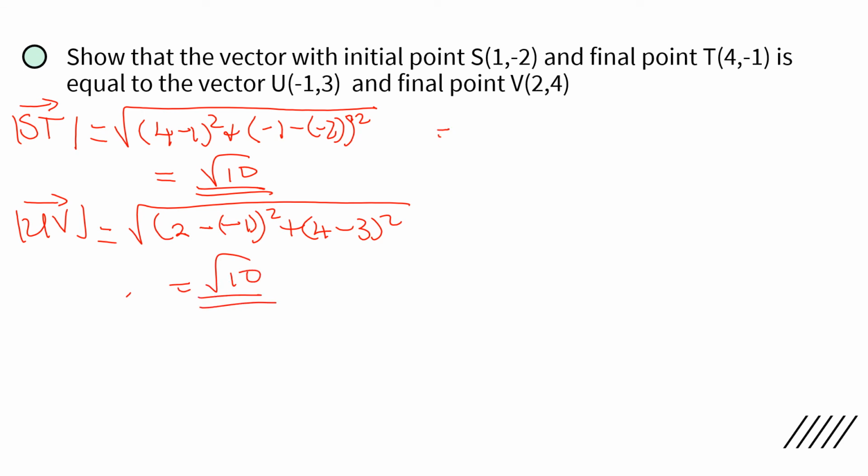And now we're going to find the components for ST, which is 4 minus 1 and negative 1 minus 2, which gives us 3 and negative 3.